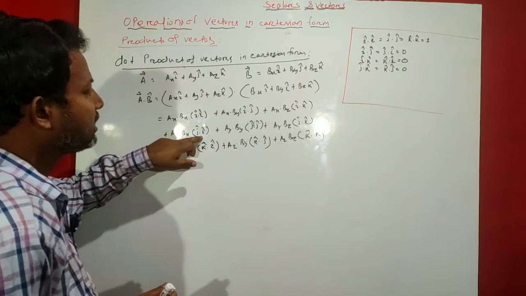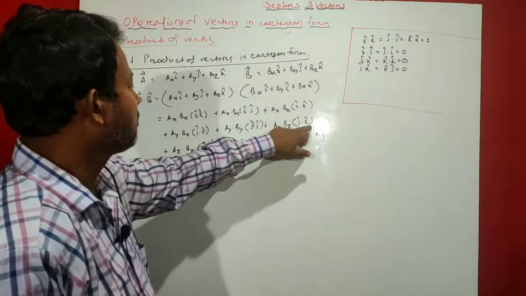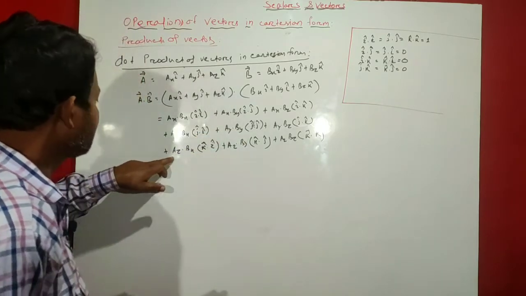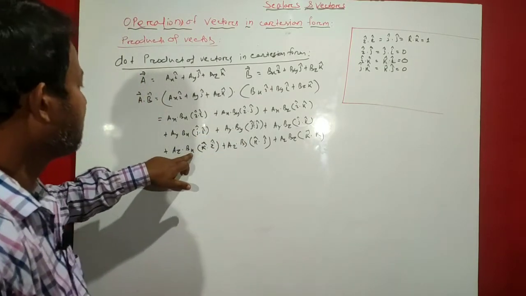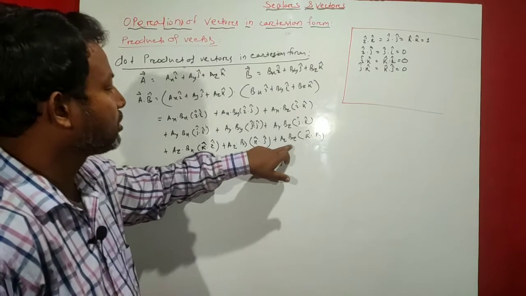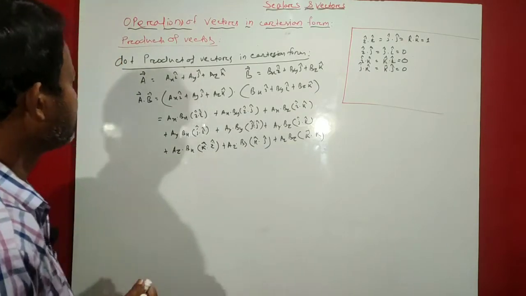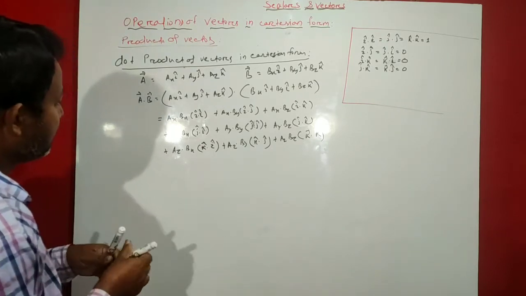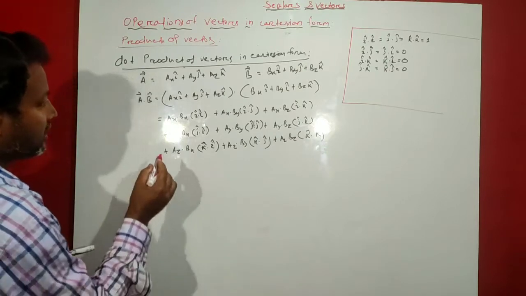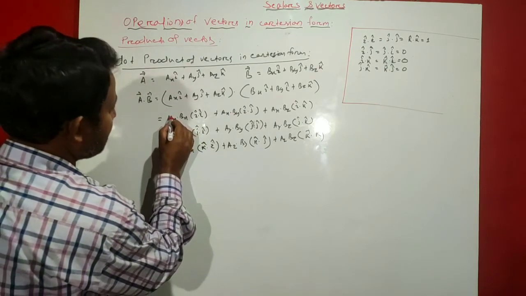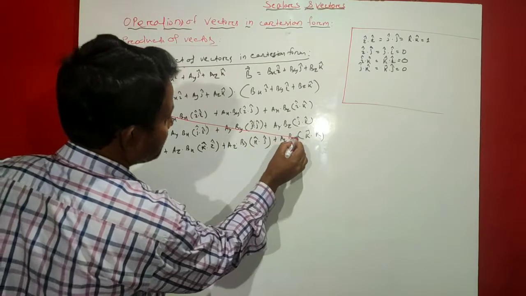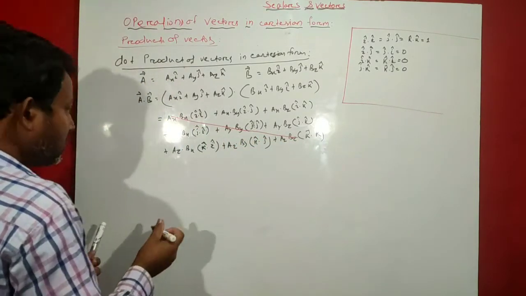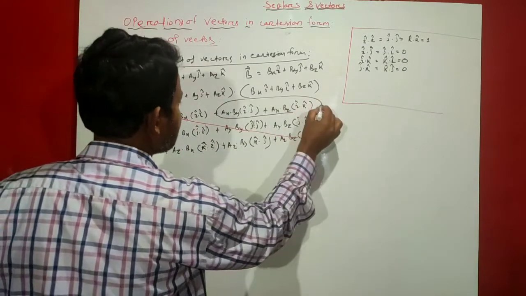But this term will be ay into by, and this will be az into bz. That means these three diagonal elements remain, and the other elements will be 0.